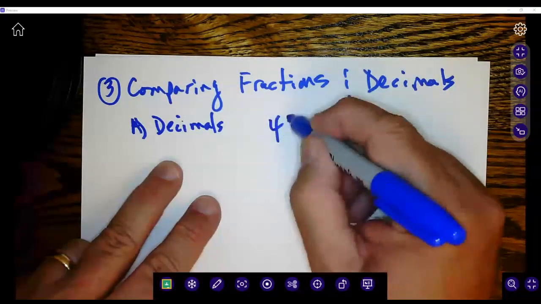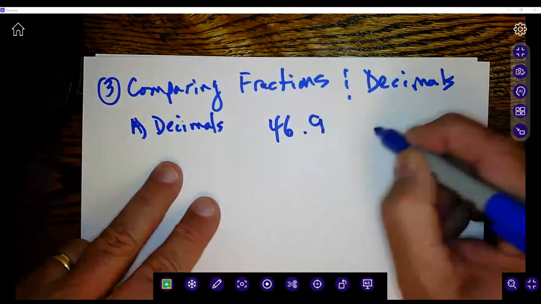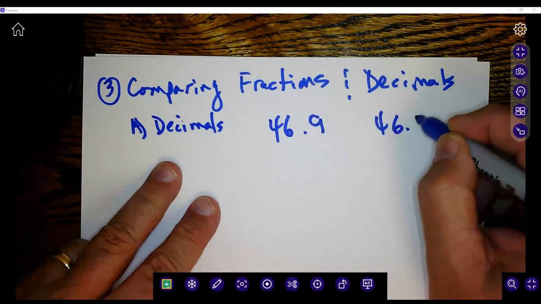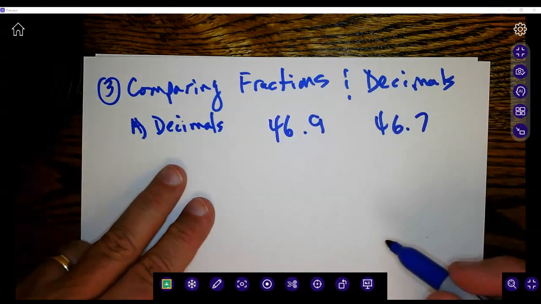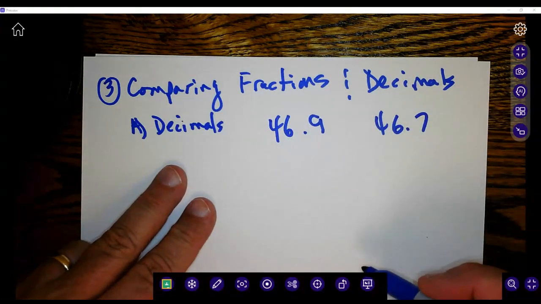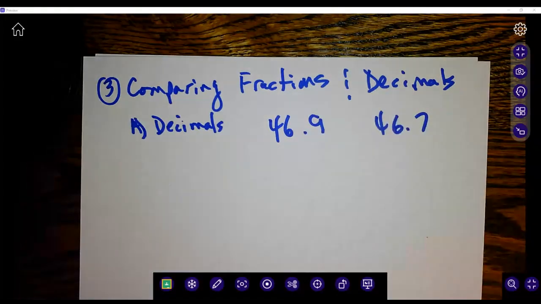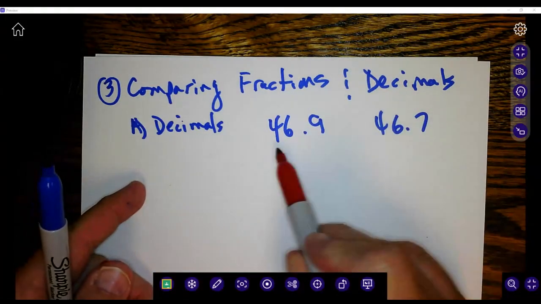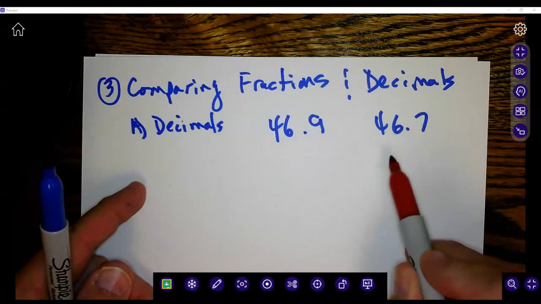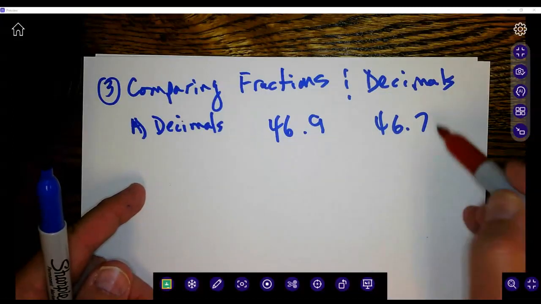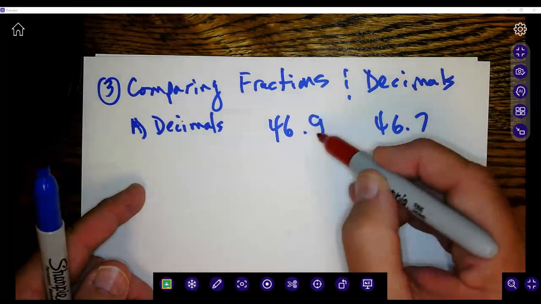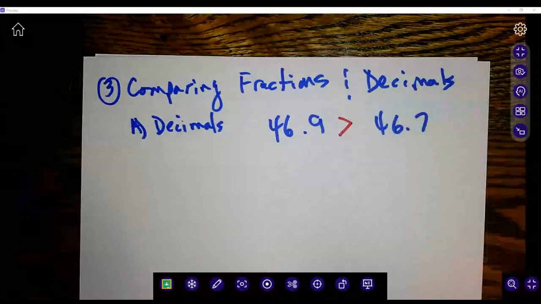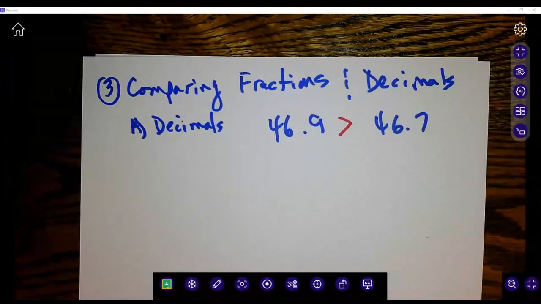If I have 46.9 and 46.7, and we want to know which one's bigger, which one's smaller, then since 46 is our whole number part and it's the same in both, we go to the decimal places, and since this is a 7 and this is a 9, this is larger.